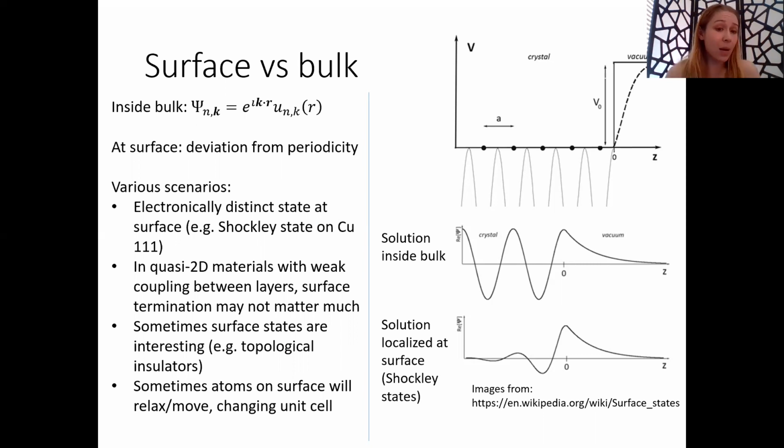There are many examples of quasi two-dimensional materials, so graphene, tungsten selenide, all of these 2D exfoliatable materials that electronically are quasi two-dimensional. So there, the distinction between surface and bulk is also a little bit less important. And additionally, one can often study monolayers of those systems where they are strictly two-dimensional.